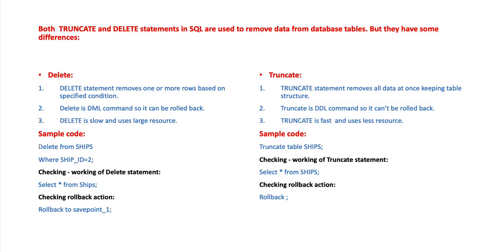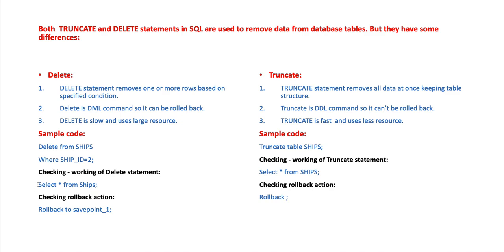We start with delete from SIPs, where SIPs is the table name, where SIP ID is 2. That means we are going to delete all the rows having SIP ID 2 from the SIPs table. When we run this code, it will delete those rows.